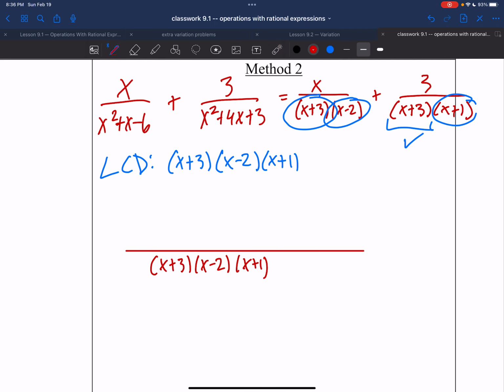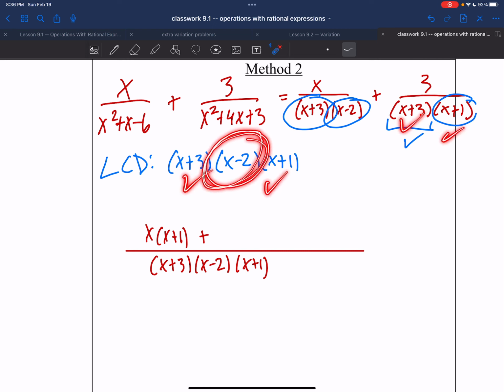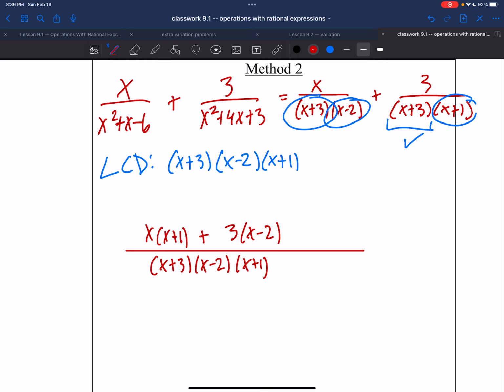So that's what I'm going to write here, x times (x plus 1). Plus, and then the same idea over here, I have x plus 3 as a factor, I have x plus 1 as a factor, but I don't have x minus 2, so x minus 2 is what I'm going to be putting on top and bottom. So it's plus 3 times (x minus 2).